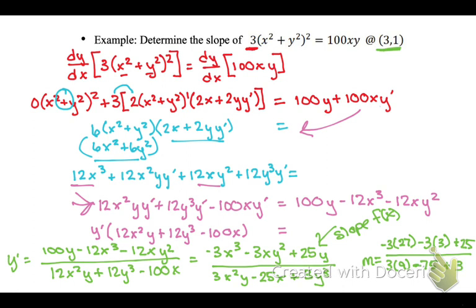And again, I just plugged in x's and y's. So 3 times 27 is 81, minus 9 plus 25. And then 27 minus 75 plus 3.